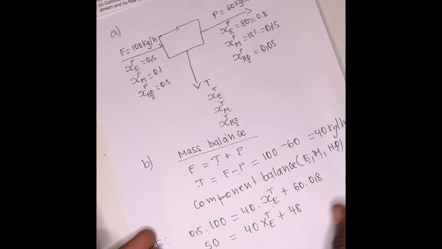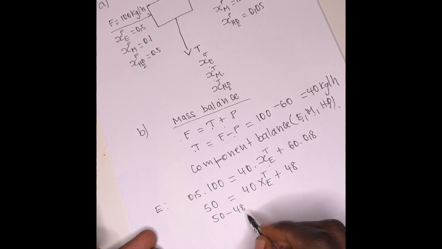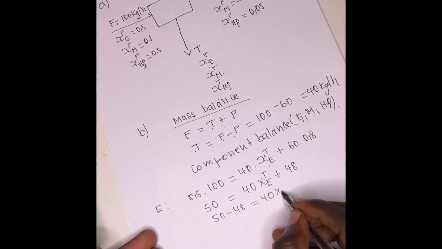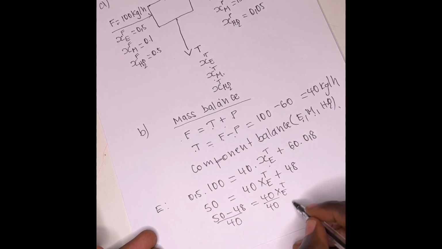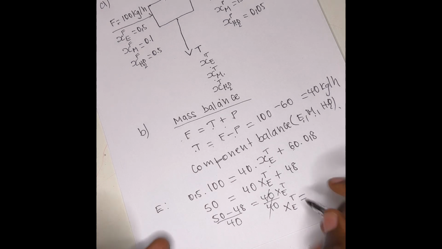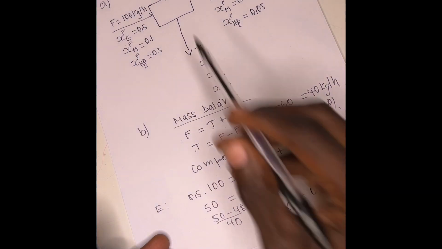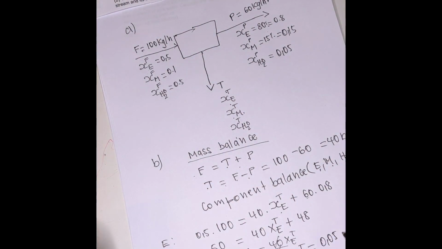We take the 48 to that side, so we have 50 minus 48 equals 40 X of ethanol in T. We divide both sides by 40. So 2 divided by 40 is 0.05. But the question was to find this as a percentage, so 0.05 as a percentage is 5%. It means in this stream we have 5% ethanol.